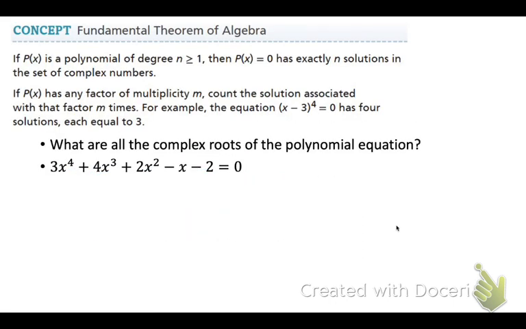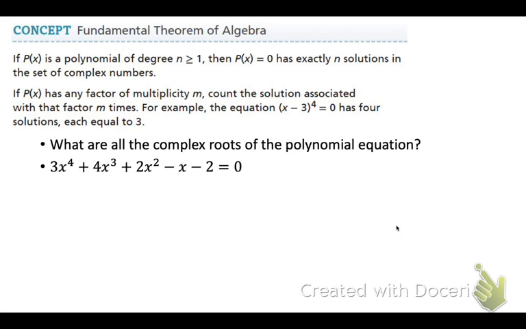Okay. So if p of x is a polynomial of degree n greater than 1, then p of x equals 0 has exactly n solutions in the set of complex numbers.